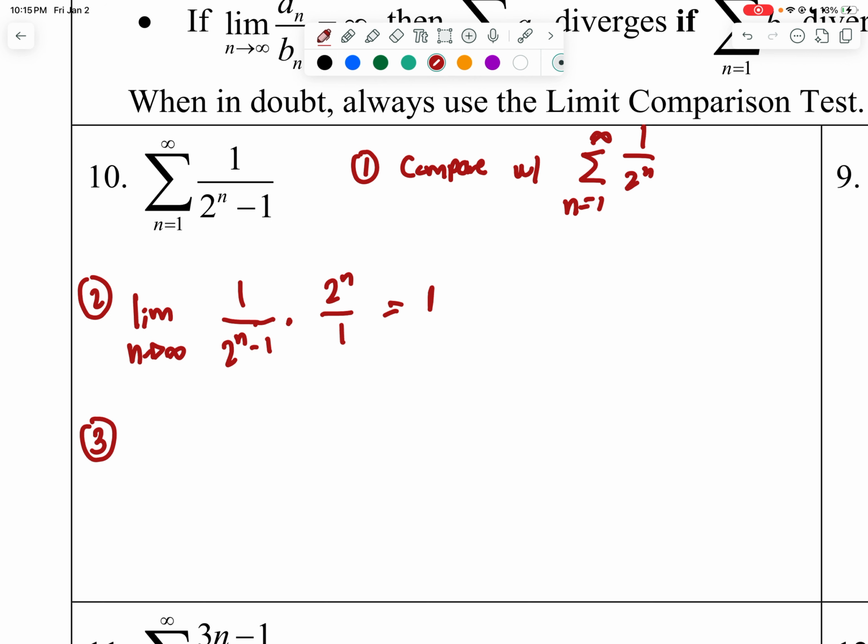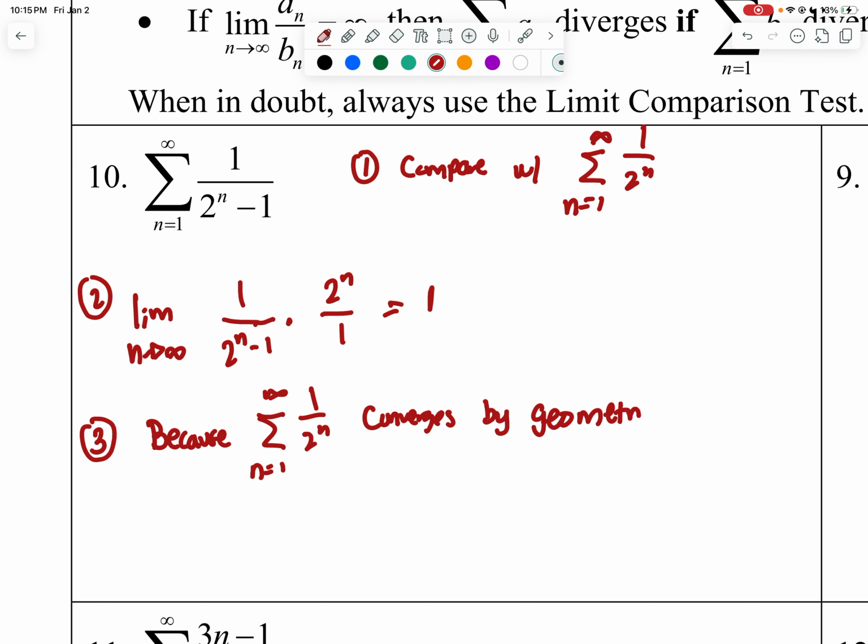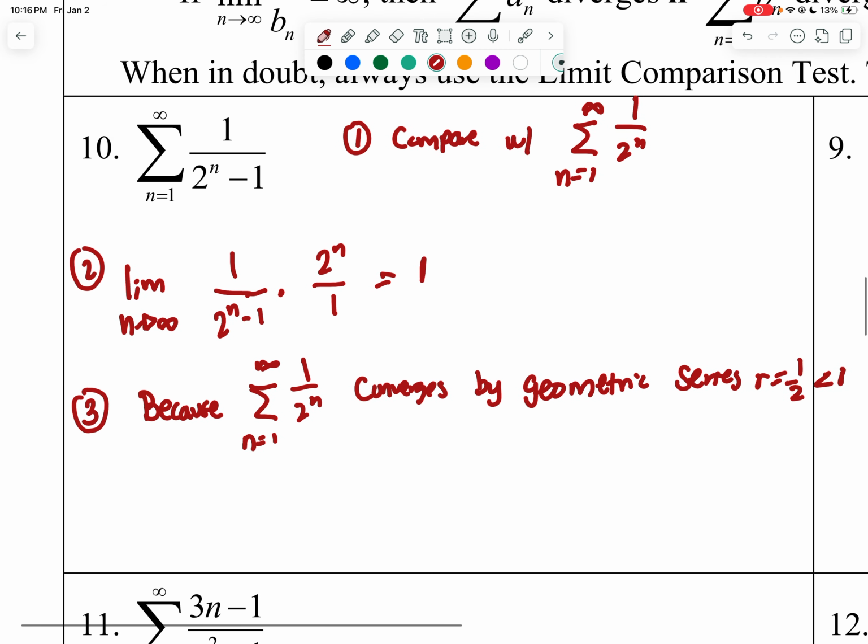So now we could say that, because my comparison converges by geometric series, r is 1/2, which is less than 1. Always make sure that you justify why you know that the series converges or diverges.